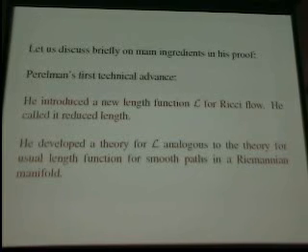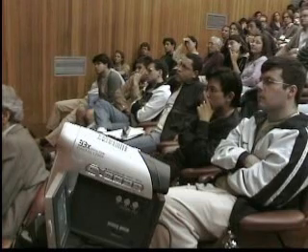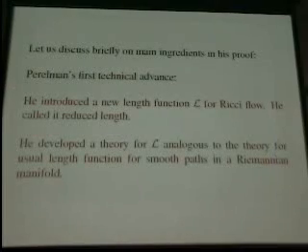How did Perelman make sure you can only do a surgery along the two-spheres?